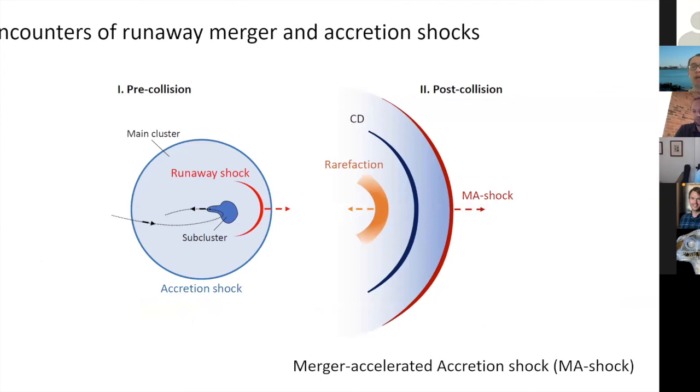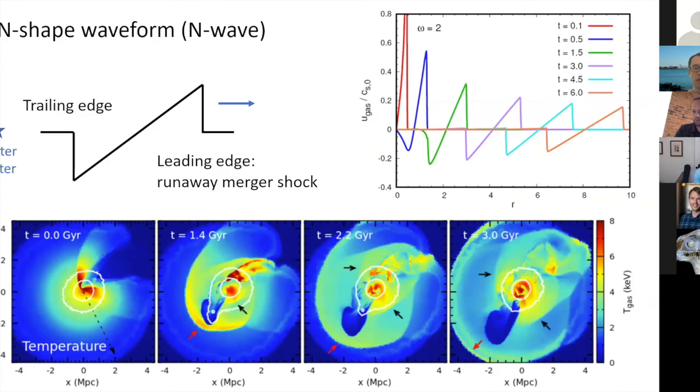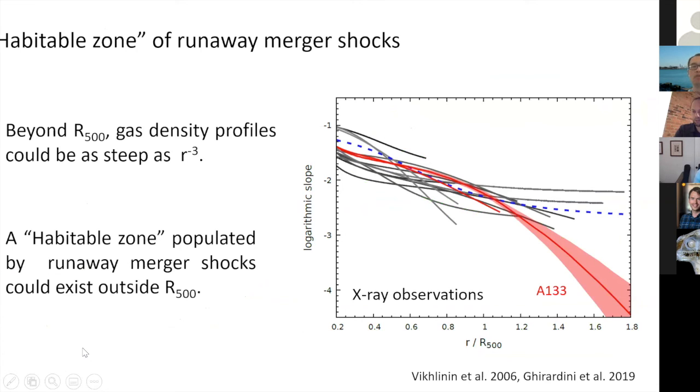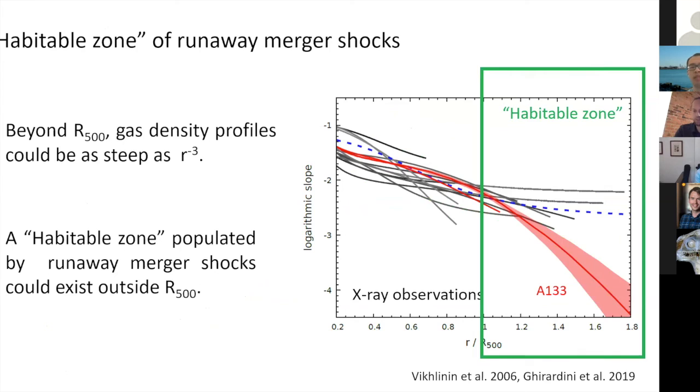I think the typical Mach number of the runaway shock is 2 to 3, because I have argued that if the omega is steeper, roughly 3 or 4, the shock could maintain its strength. So for a typical Mach number of the merger shock, it is roughly 2, 3, or 4. That means the typical Mach number of the runaway shock in the cluster outskirts could be at the same level.